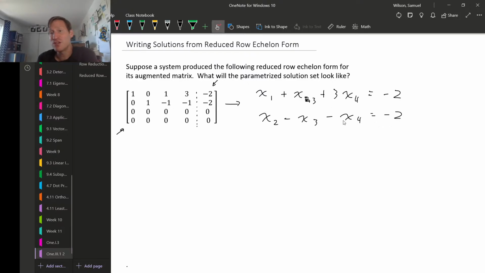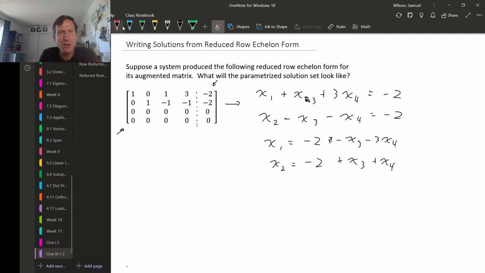And then we've finished solving this by just moving the free variables over to the right. So that would give us x1 is minus 2 minus x3 minus 3x4, and then x2 is minus 2 again, plus x3 plus x4.